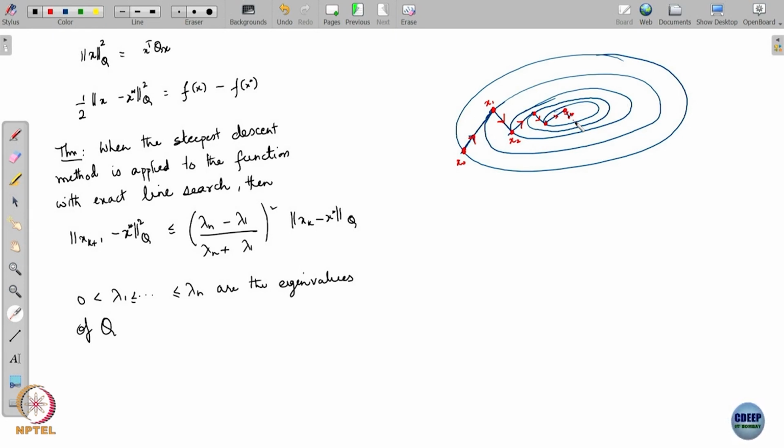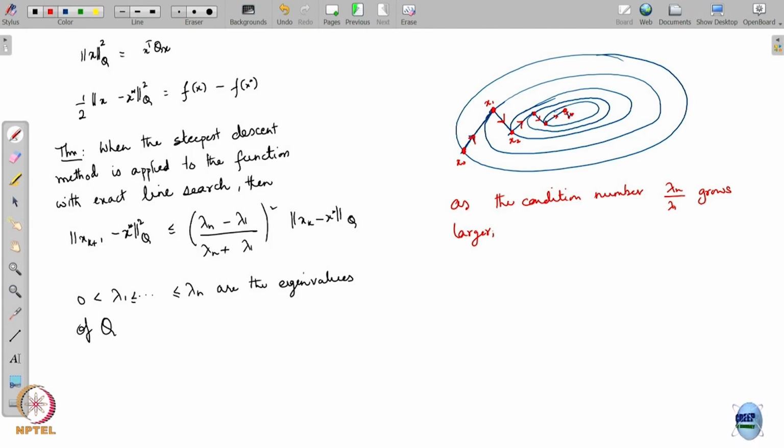So, as the condition number grows larger, the contours of the quadratic become more elongated.